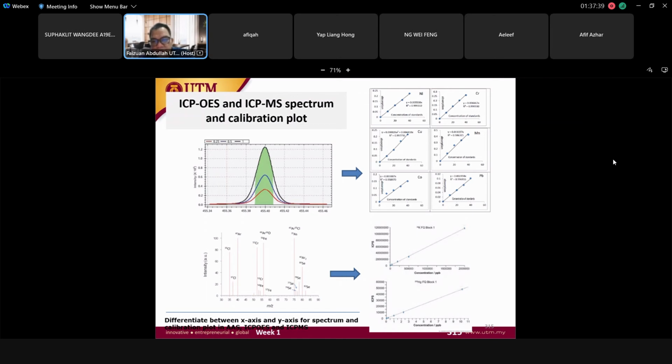The instrument will do the M1V1 = M2V2, which is the dilution, for the other concentrations of the standard calibration. Meaning that for these expensive instruments, ICP-OES and ICP-MS, we don't need to do the calibration concentrations one by one. We do the highest concentration and the instrument will dilute it and do the calibration for us. That's why we pay so much for this instrument.